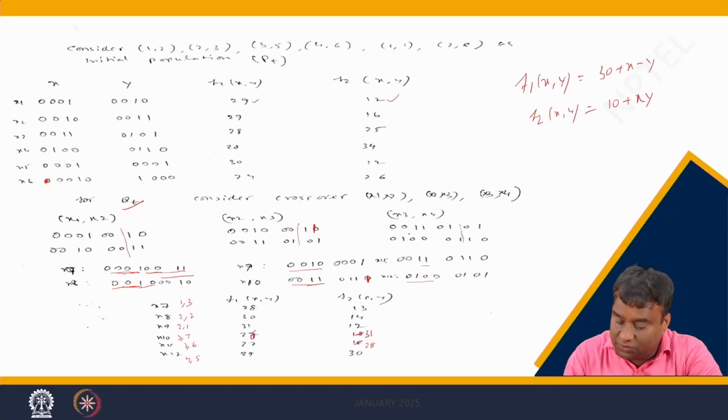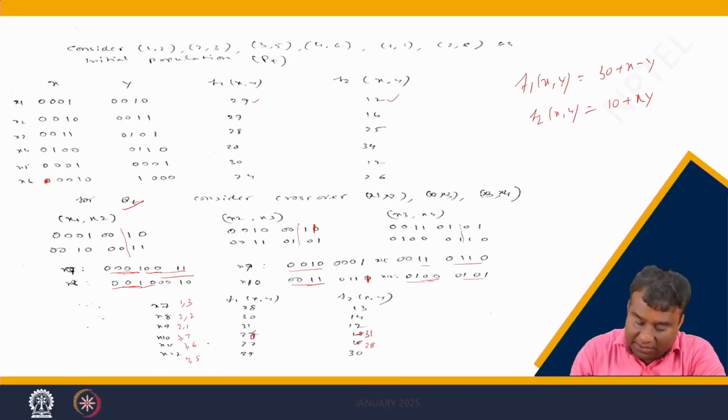Now for x3 and x4, 0, 0, 1, 1, 0, 1, 0, 1 and 0, 1, 0, 0, 0, 1, 1, 0. So x11 is 0, 0, 1, 1, 0, 1, 1, 0 and x12 is 0, 1, 0, 0, 0, 1, 0, 1. For x11, x is 3, y is 6. For x12, x is 4, y is 5.